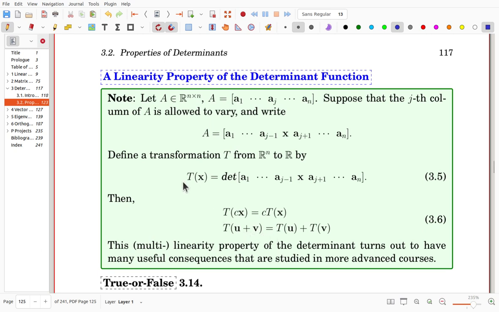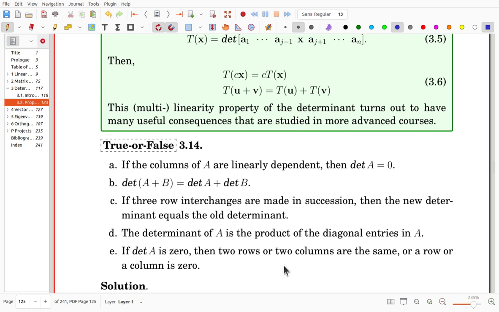So T of x satisfies these two properties, so the determinant function defined in this way is a linear transformation. Okay, this property will be very useful in more advanced courses. We'll not deal with this one in detail in this class. Okay.